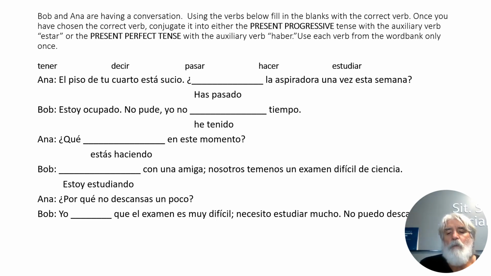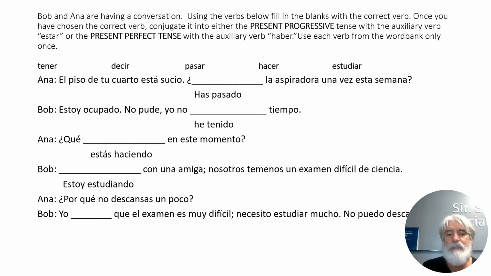So what would be the best tense of the verb here to use? He's going to say what? You're going to use the present perfect tense. I have said, okay, that the exam is very difficult, right? Necesito estudiar mucho. I need to study a lot.